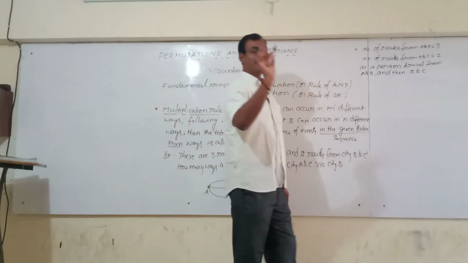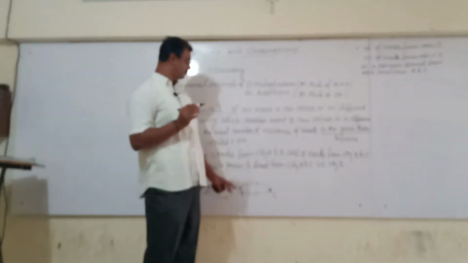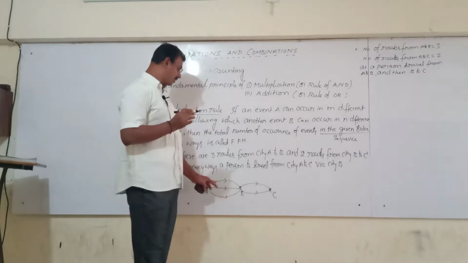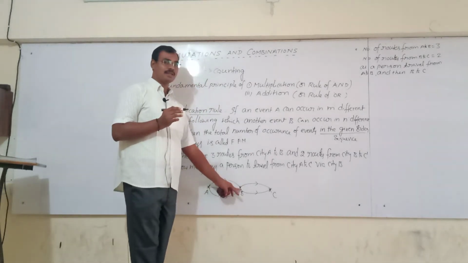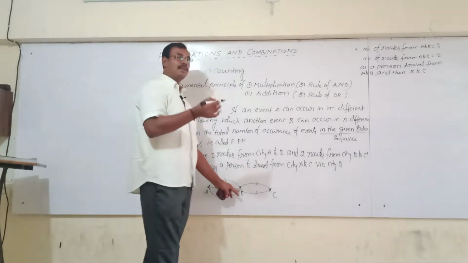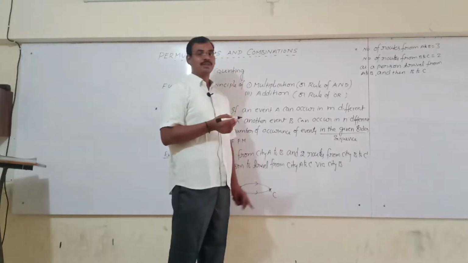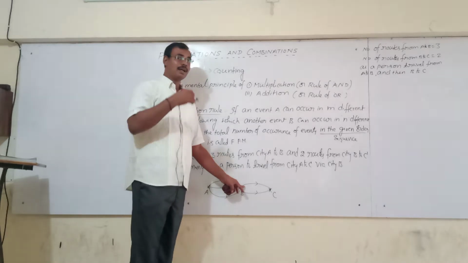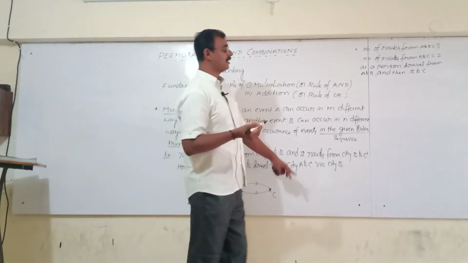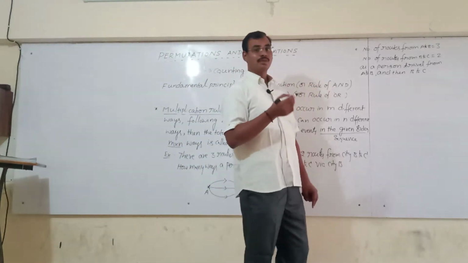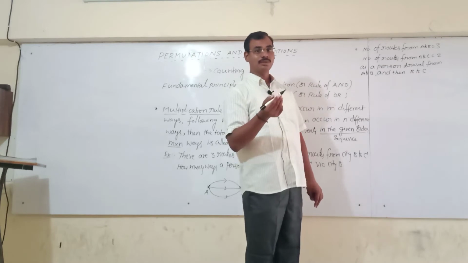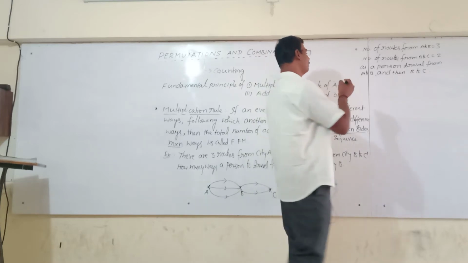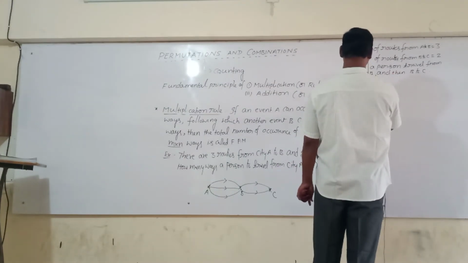Because there is no direct route from A to C. If there is no direct route from A to C, first he reaches station B, and then he travels from B to C. So which rule do we use here? Do I add or multiply? We have to use multiplication.